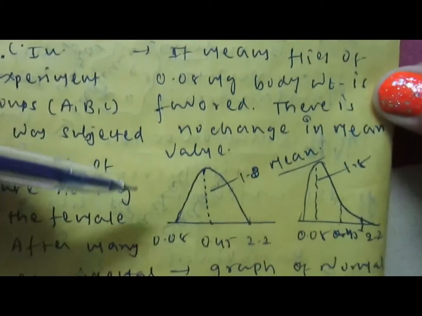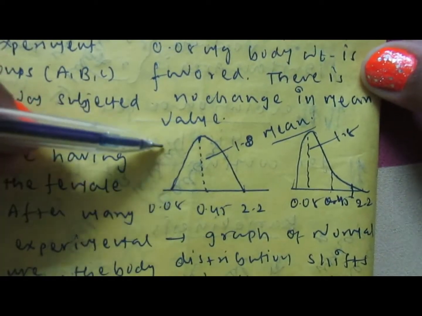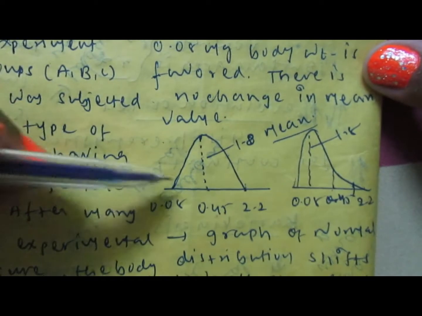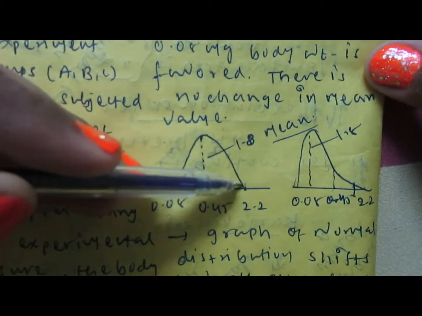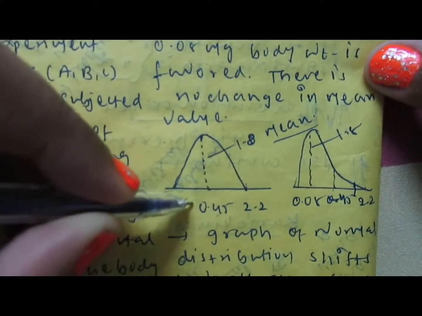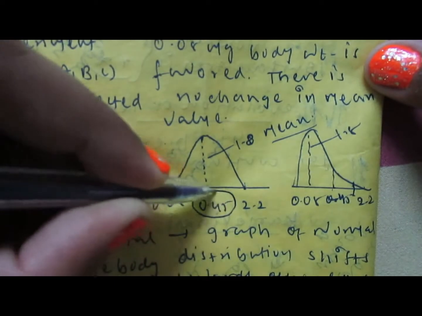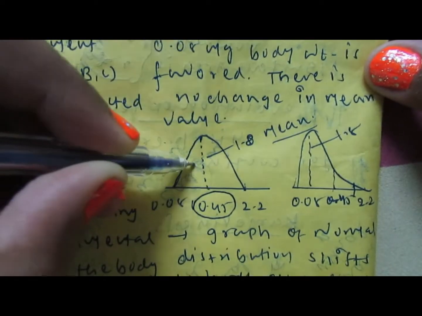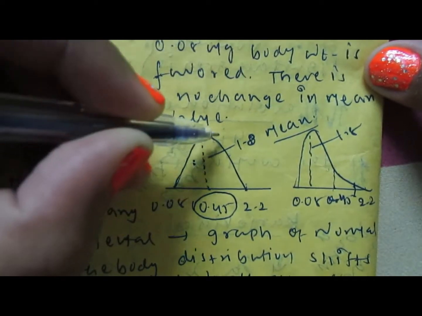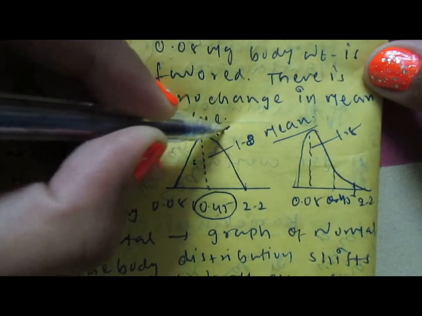So if we plot a graph of these values, then before natural selection, the graph will look like a normal distribution, and Drosophila fruit fly of 0.45 milligram weight was favored, and at this time mean value was 1.8.